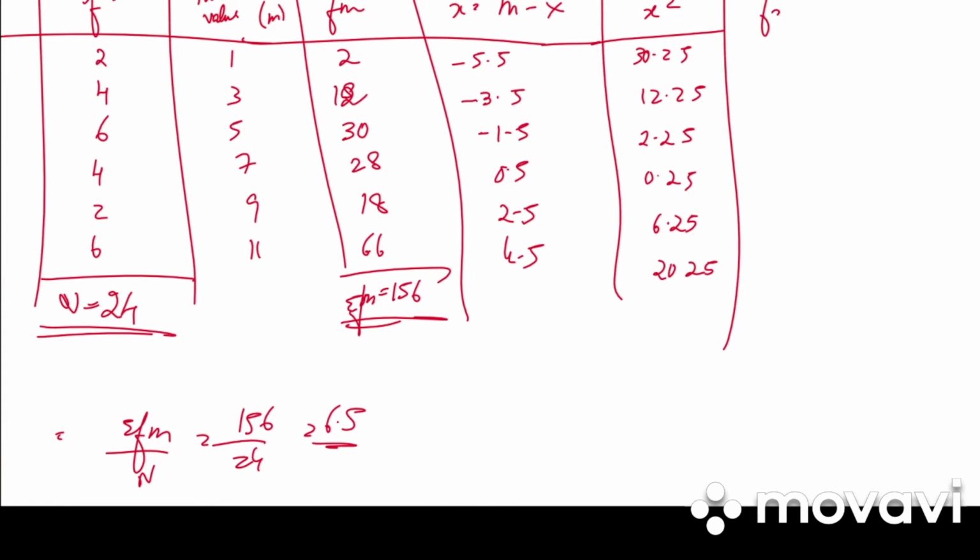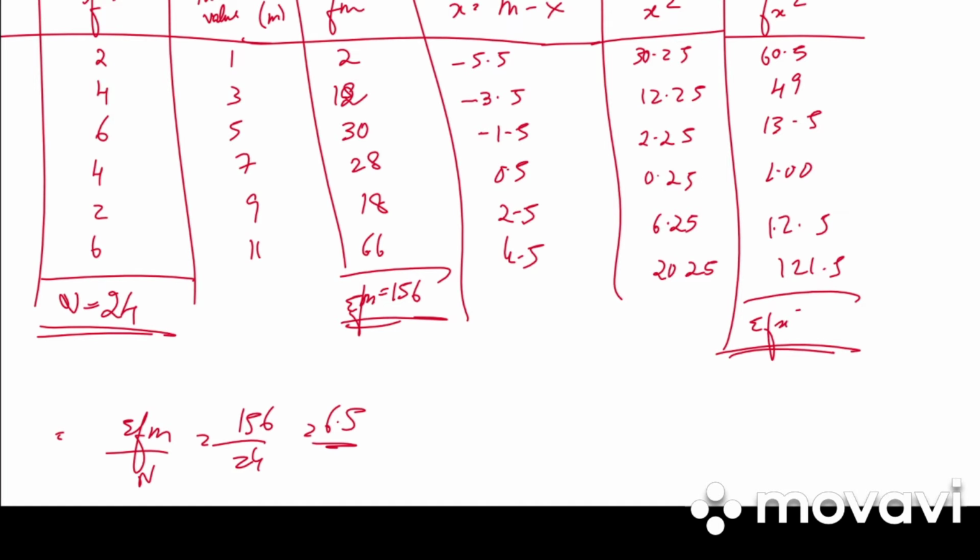Next we need to find fx square, that is f into x square. 2 into 30.25, 60.5. 4 into 12.25, 49. 6 into 2.25, that is 13.5. 4 into 0.25, 1. 6.25 into 2, 12.5. 6 into 20.25, 121.5.